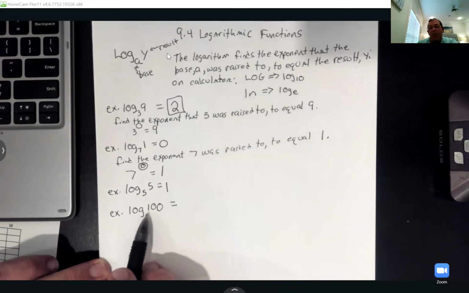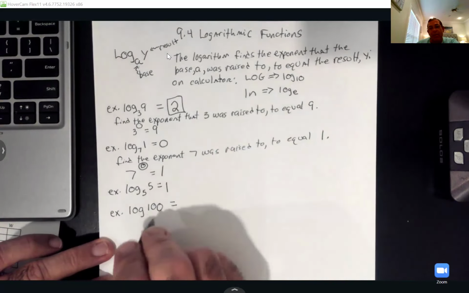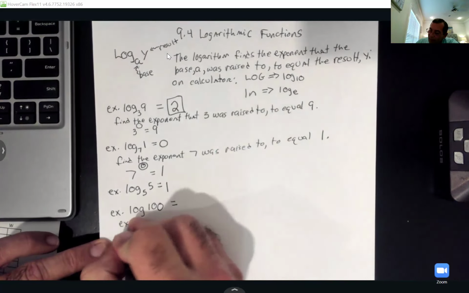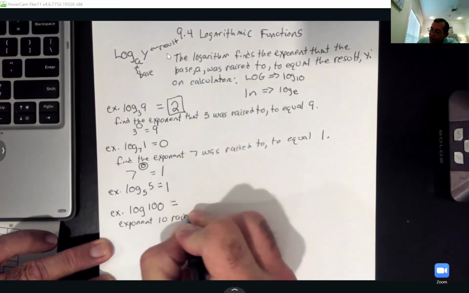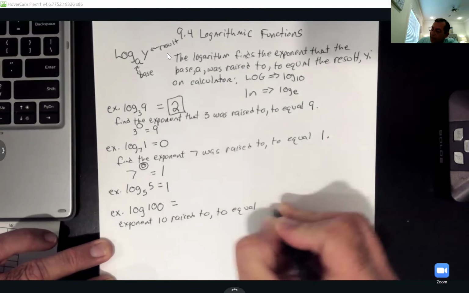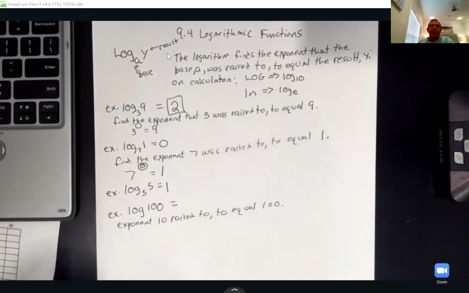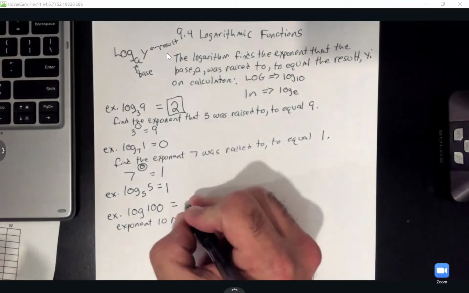So this means what exponent was 10 raised to equal 100? So basically, how many times do you multiply 10 times itself to equal 100? 2. Yeah.